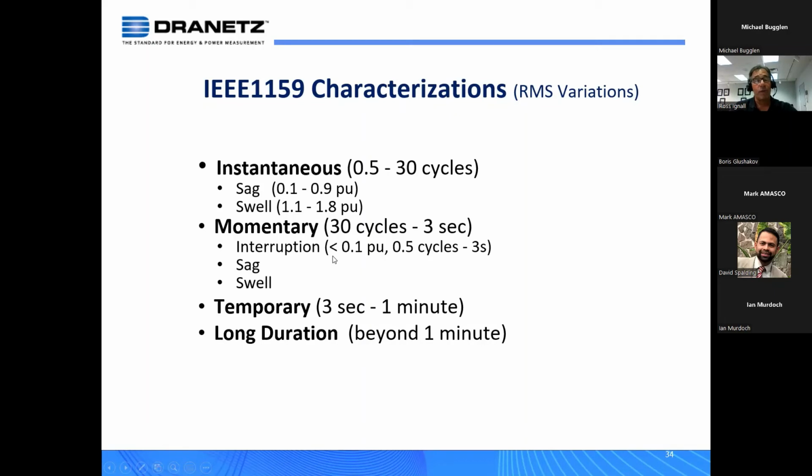So let's say I have a 3-phase system, and phase A goes out of limits first, but phase C comes back within limits last. It's that time difference. So if phase A started the event and phase C ended the event, that's the overall duration of the event. And that's what's used to look up whether it's instantaneous, momentary, temporary, or long duration.